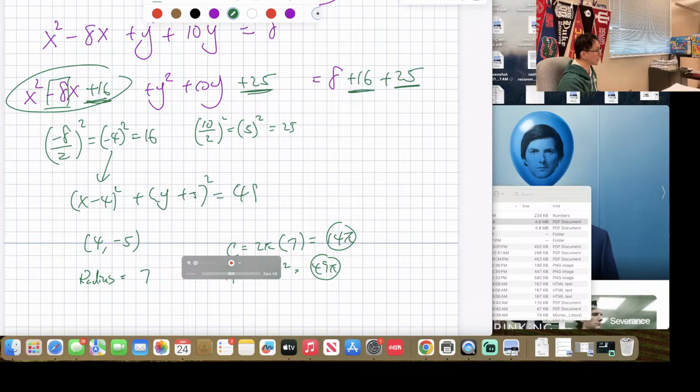That's how you complete a square. Middle divided by 2, squared. Any question about this part?